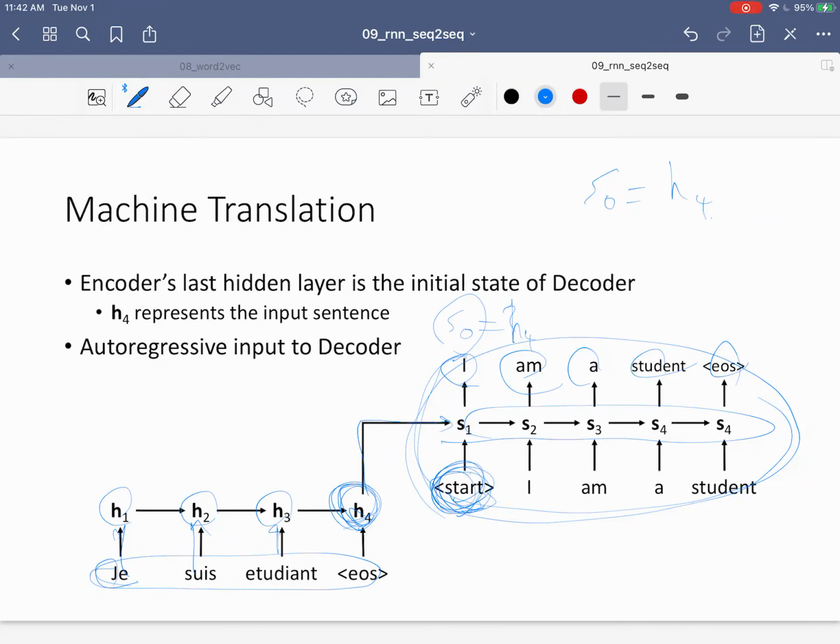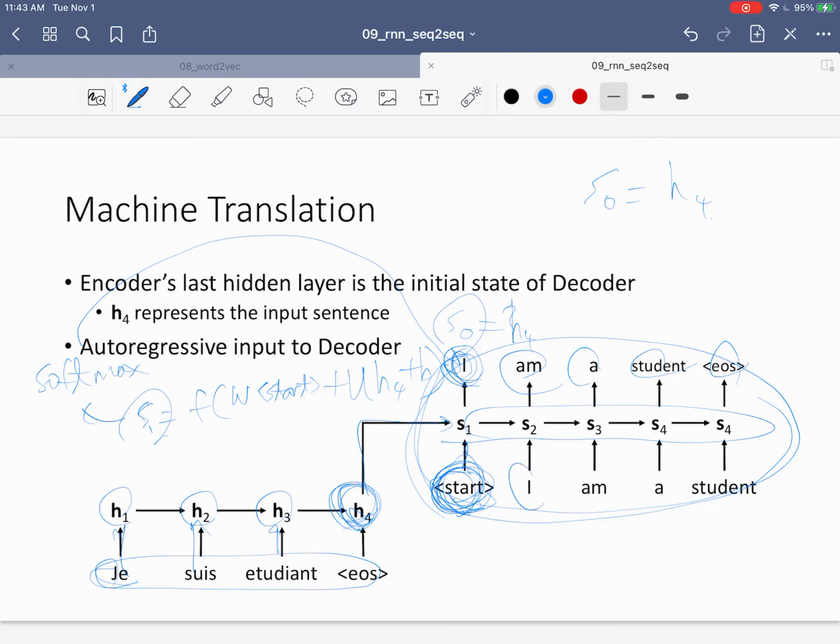So you put the start token, and then S1 equals some nonlinear activation function of W times start plus U times H4 plus B. You put your S1 into your softmax function in order to predict "I". That's what's happening inside the decoder RNN.